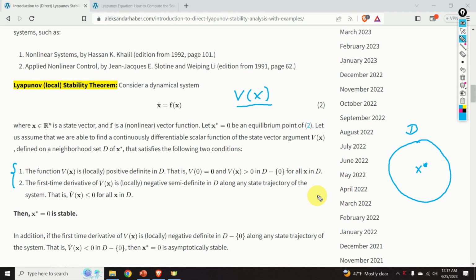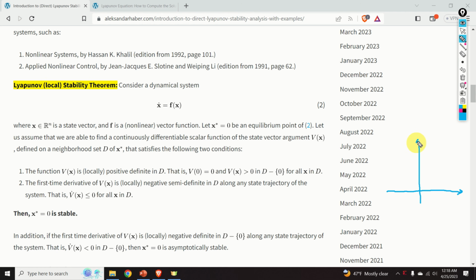To graphically illustrate a positive definite function, we can take a simple quadratic function in the one-dimensional case.